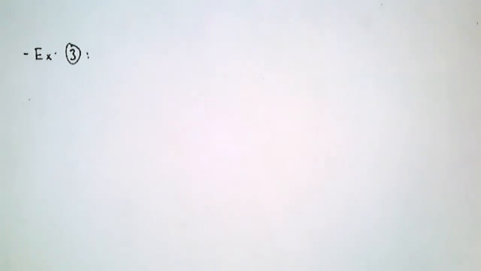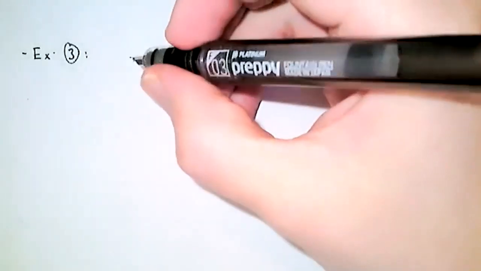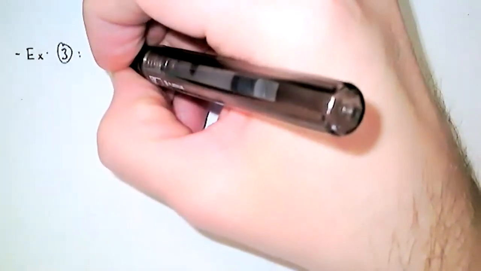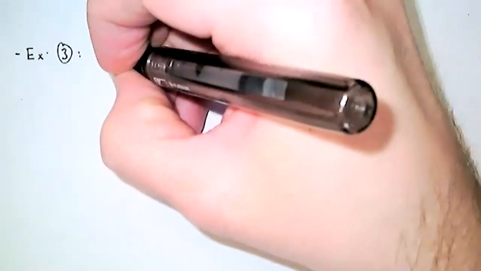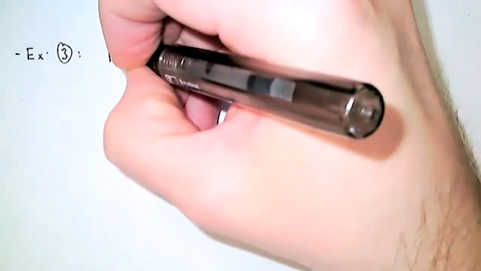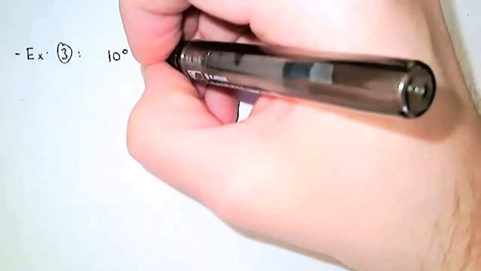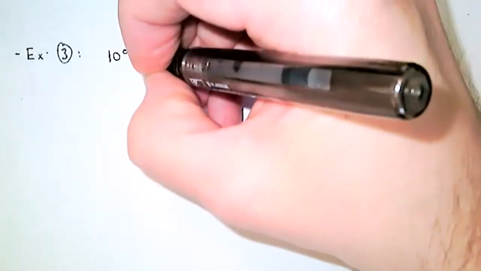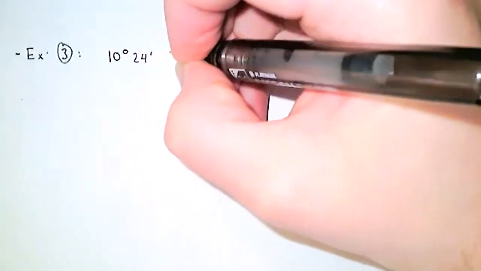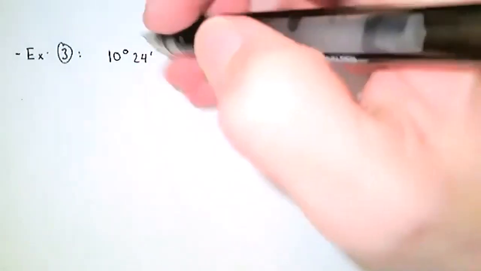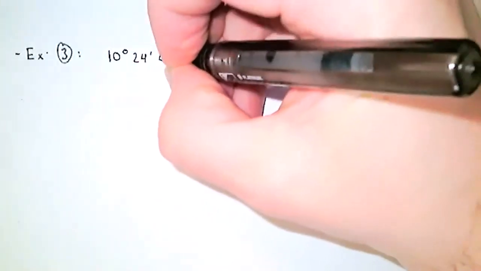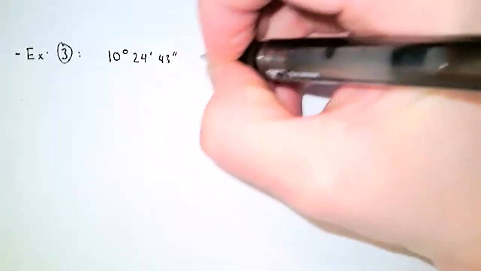So to wrap up here with another example, I want to add 2 degrees or 2 angle measurements, but my angle measurements are going to have minutes and seconds in them. So I'm going to start with 10 degrees, 24 minutes, 43 seconds.